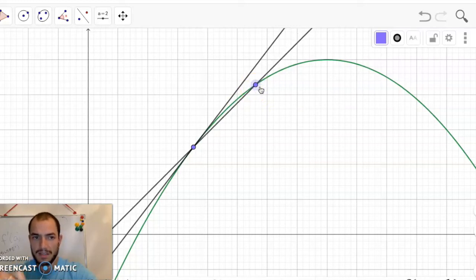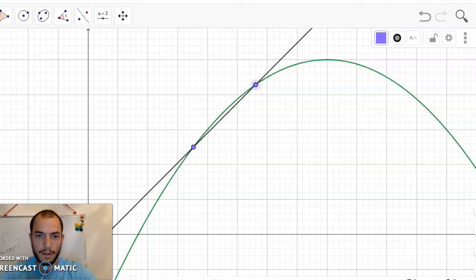Okay, so I'm going to take the tangent line away for a little while. And we're going to start to quantify some of this stuff here. So if we know these 2 points and we want to calculate slope, we have to know the x and y coordinates. So we're going to make up some values for those things.